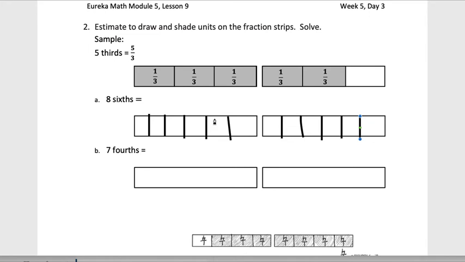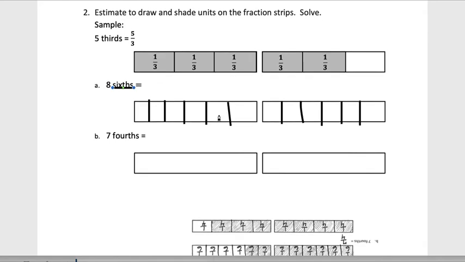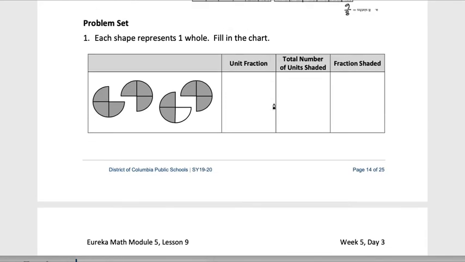And you also need to recognize that I have 1, 2, 3, 4, 5, 6 equal parts, and then I have 1, 2, 3, 4, 5, 6 equal parts, because we are talking about sixths. What are 8 sixths? You would shade in 8 of those. Okay, that is what it's asking you to do.